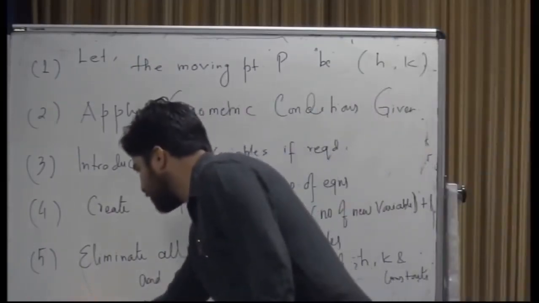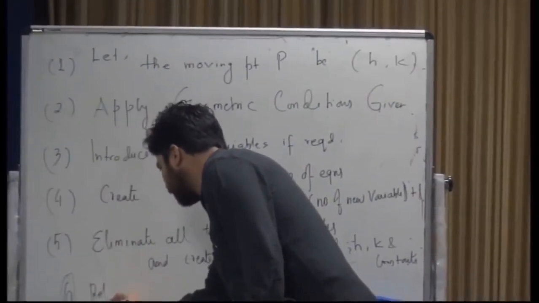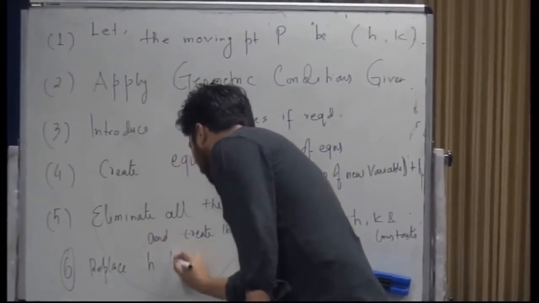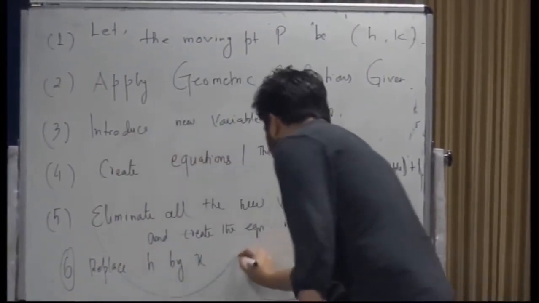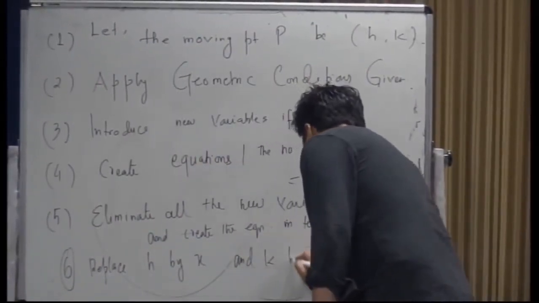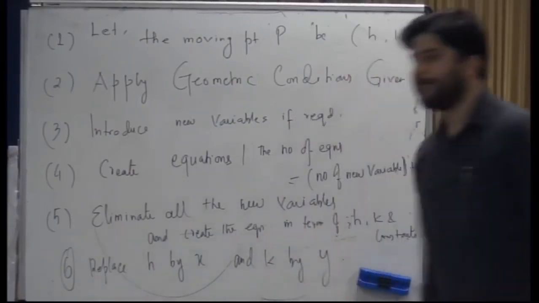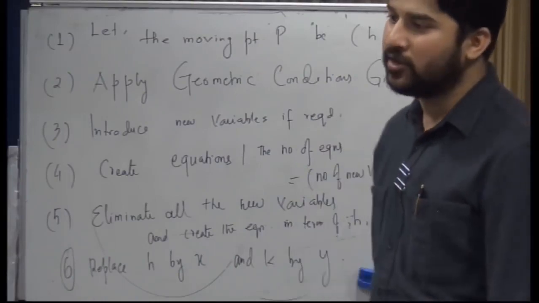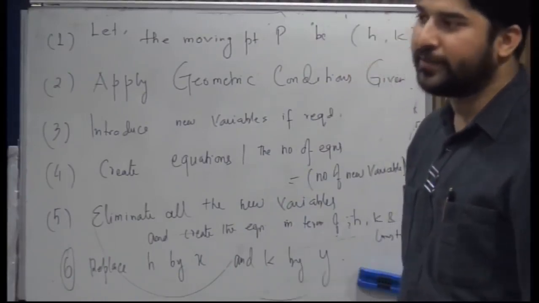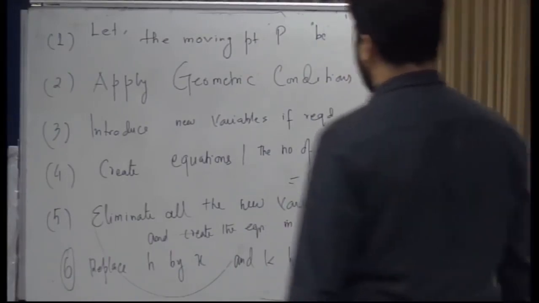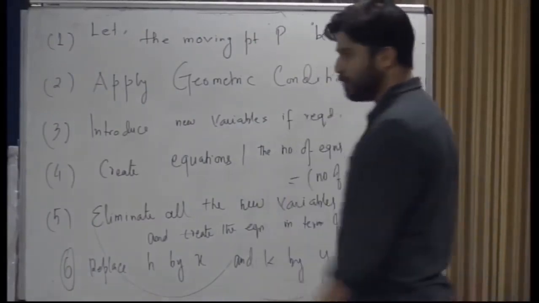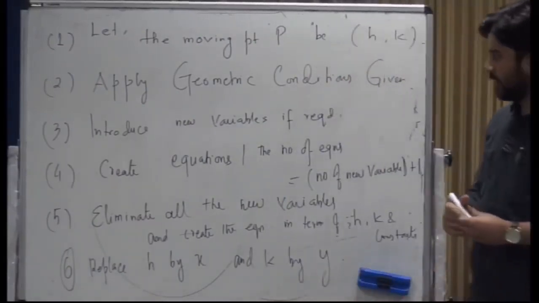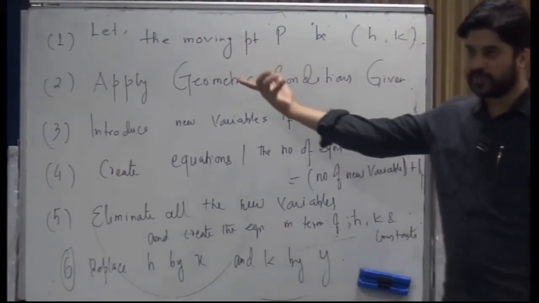And the sixth one is the last step: replace h by x and k by y, and that equation will become your algebraic equation or algebraic locus, right or wrong? You will understand more about it when we do some problems.